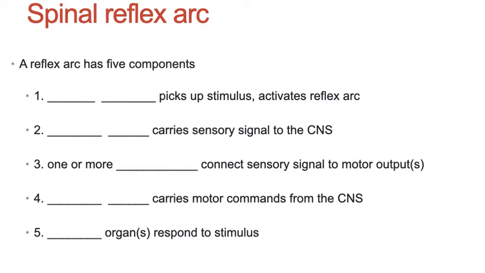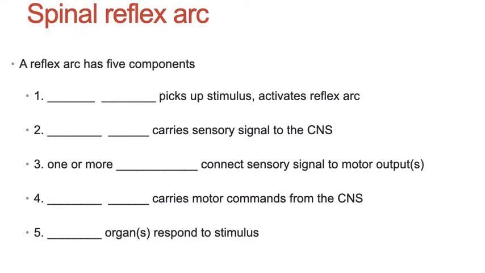Reflexes are executed by activation of a certain number of neurons that are connected, and the last neuron is going to innervate the effector tissue or effector organ. Usually that's going to be a muscle. So let's go through this pathway real quick.